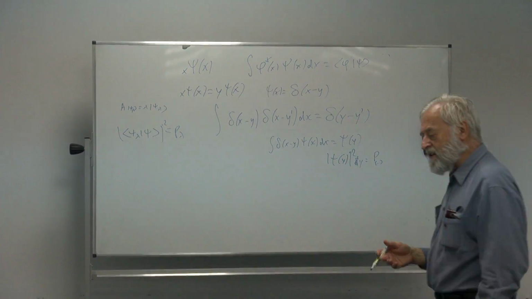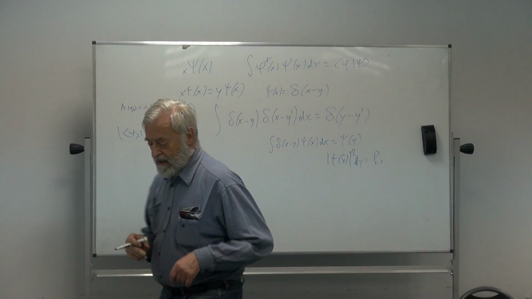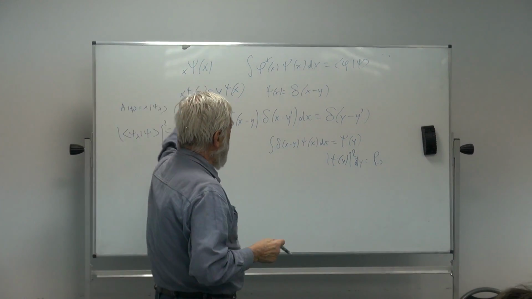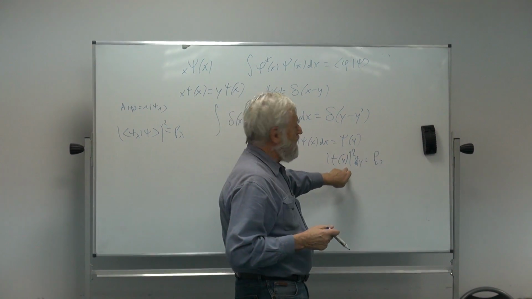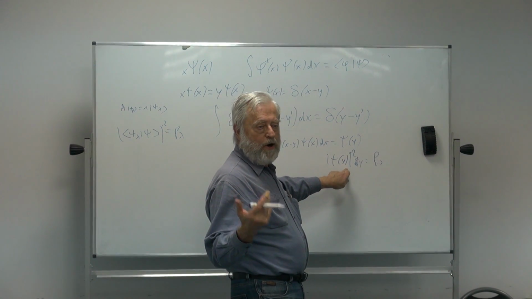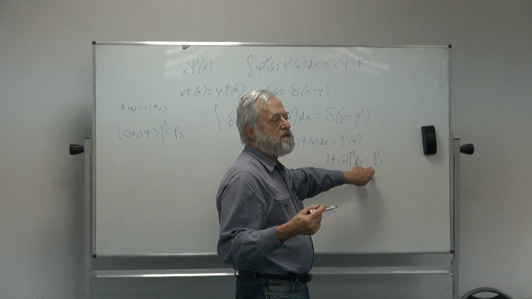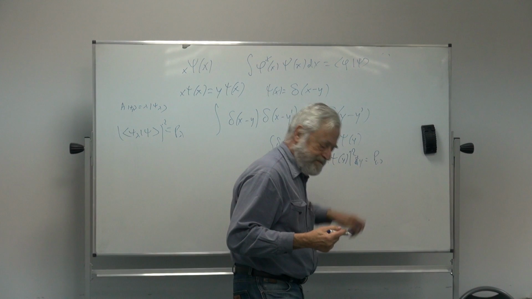So by admitting these generalized eigenvectors, one can understand a little better where the postulate relating the wave function to the probability distribution comes from.